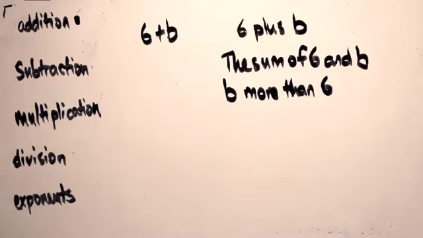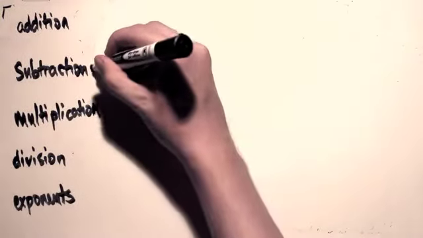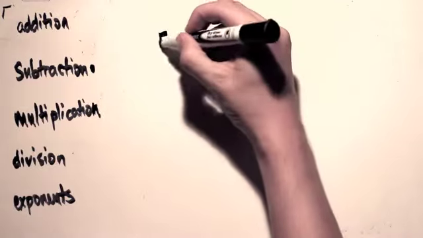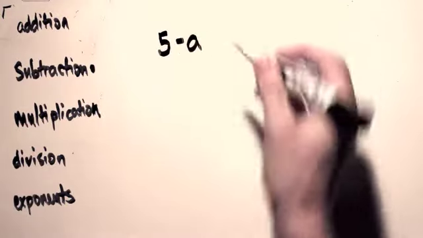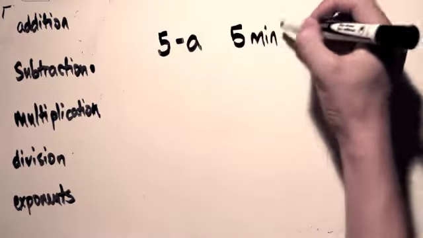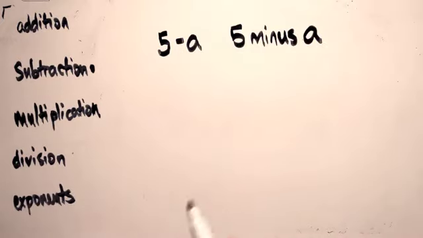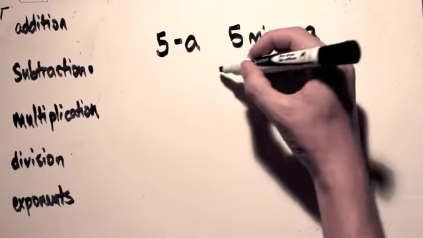Let's look at subtraction now. With subtraction, just like addition, if I write some sort of problem, say 5 minus a, well, that's one way to verbalize it. We've just done it: 5 minus a. The next way is the same thing we did in addition, naming the answer to a subtraction problem, which is called the difference.